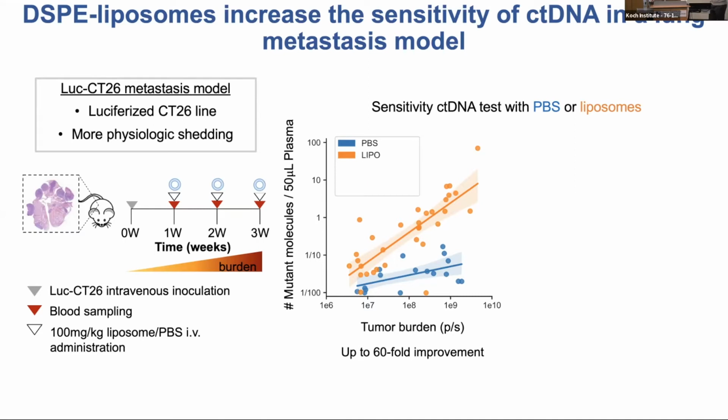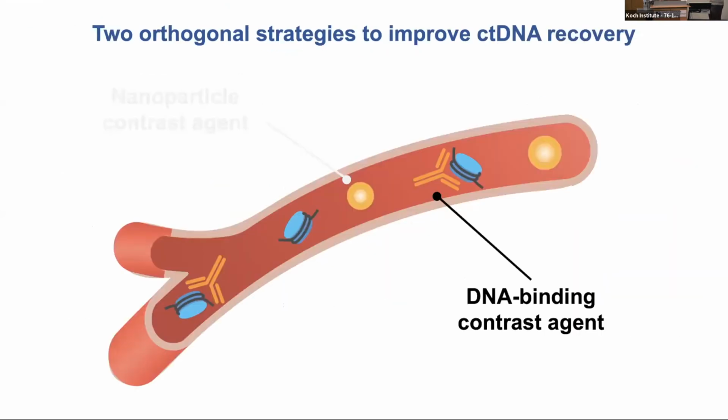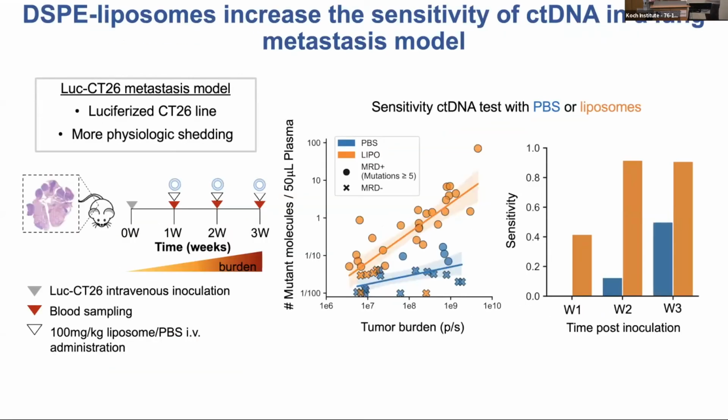In addition, we used a simple classification metric: if you are able to detect more than 5 unique mutations, you classify a sample as ctDNA positive, and otherwise as ctDNA negative. What we were able to show here, depicted as crosses for negative, no cancer detected, and circles for yes, cancer was detected, is that in a lot of our liposome-treated samples we were able to detect cancer, whereas a lot of our PBS samples remain undetected, even at really high burdens.